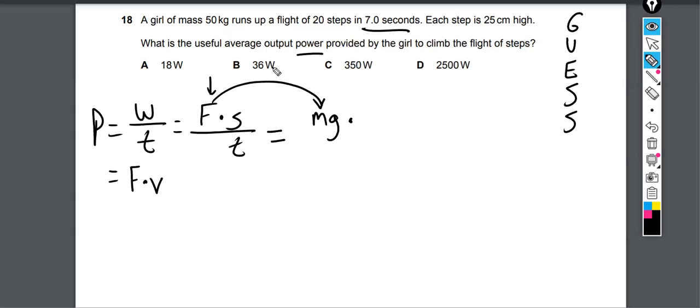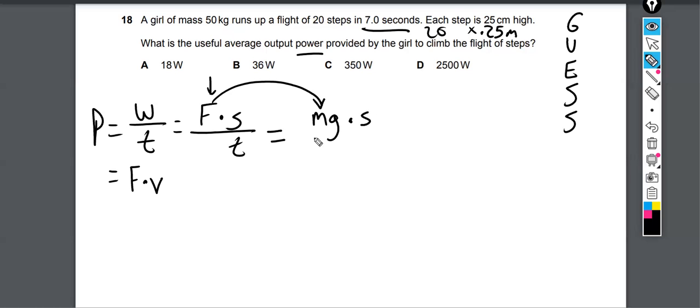So embedded within this unit watt is indeed the linear dimension meters, not centimeters. In other words, a joule is not a newton centimeter, it's a newton meter. So we do have to convert this into meters. A quick calculation: each step is 0.25 meters times all the 20 steps that the girl ran up gives you a net displacement of 5 meters.